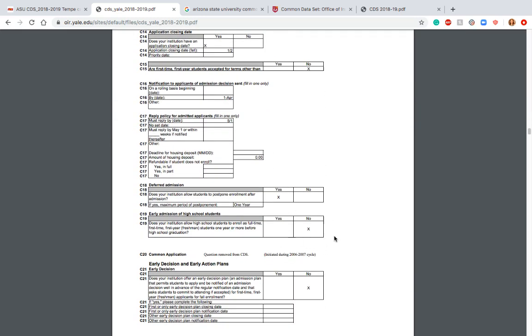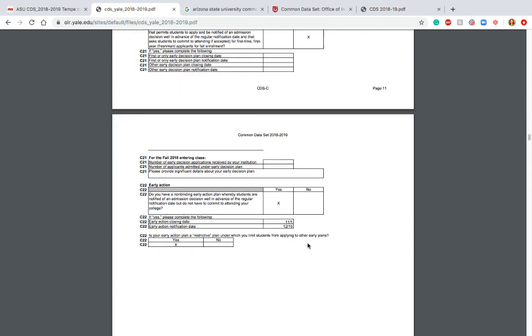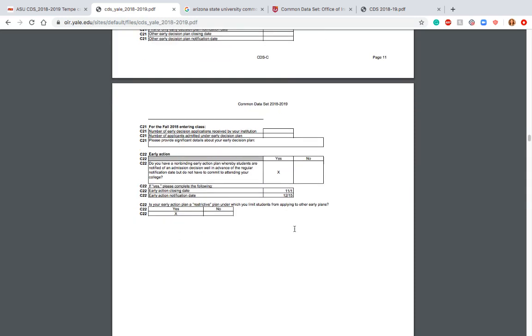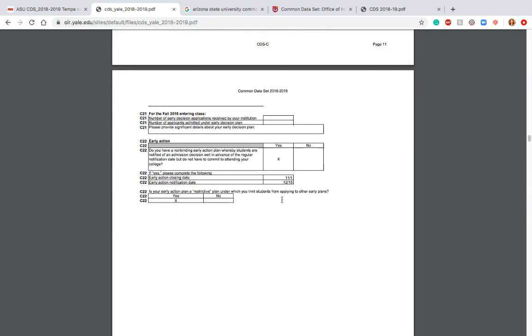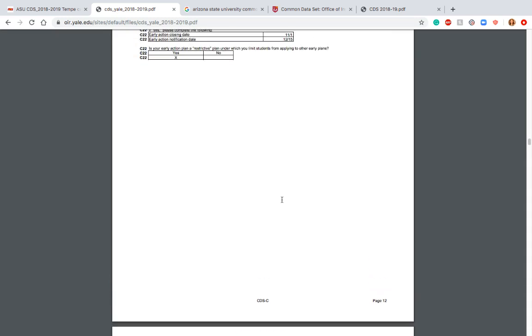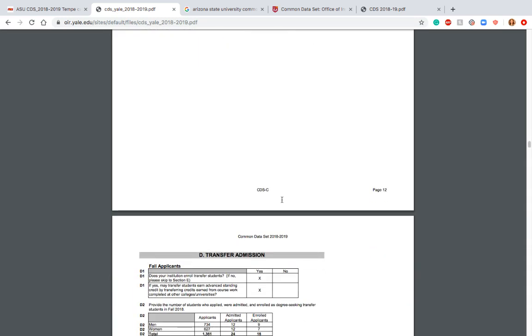They do not offer early decision, but they do have this early action plan where you can choose them above other folks. And then the November 1st is the deadline for that. And then they'll let you know by December 15th.